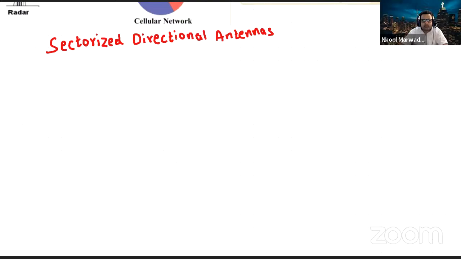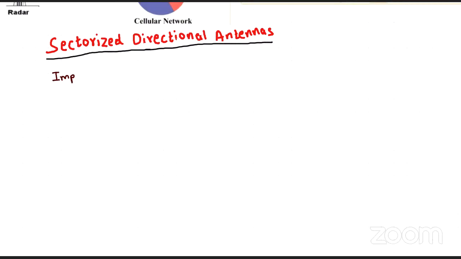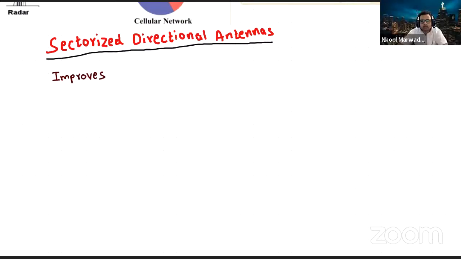The first benefit that we can derive is improved capacity. These sectorized directional antennas improve capacity. Now let us see how.